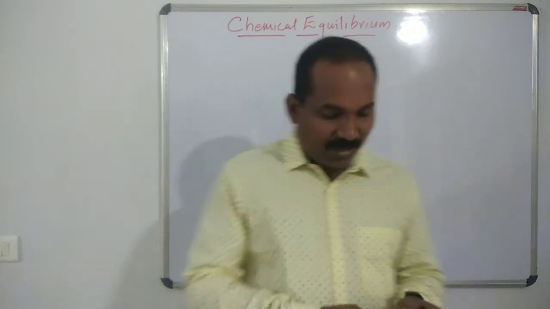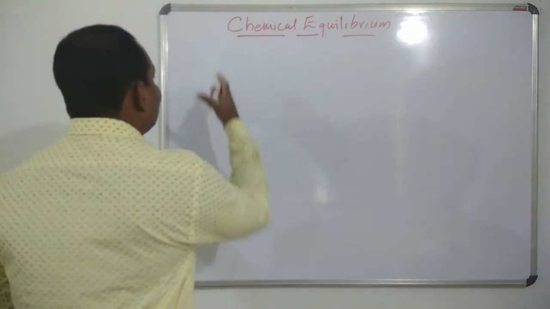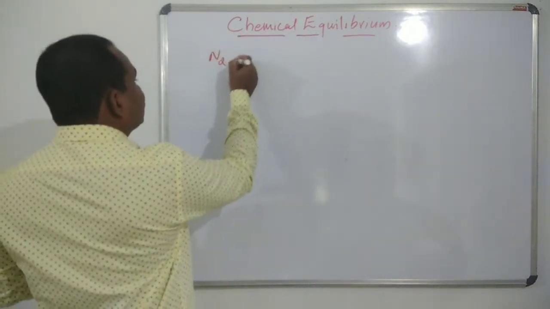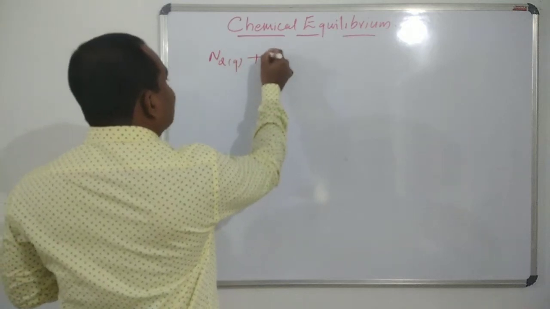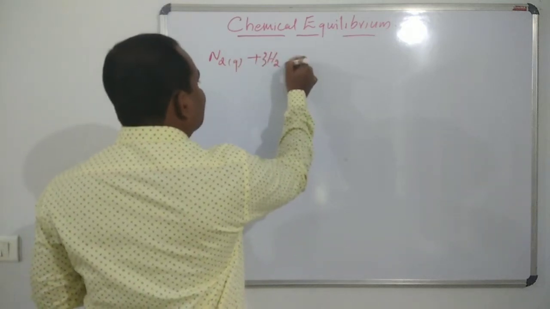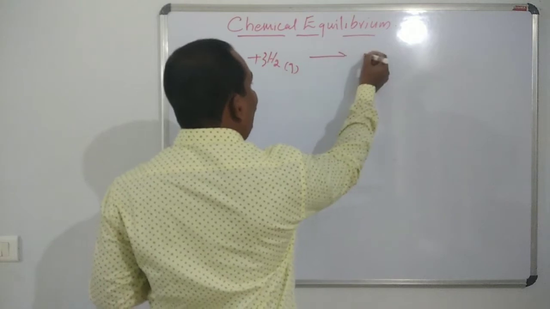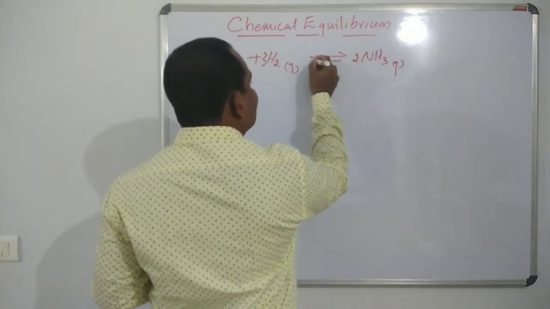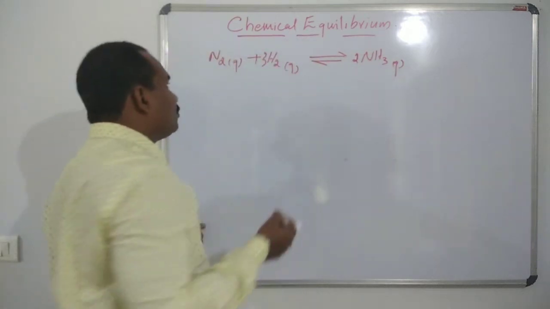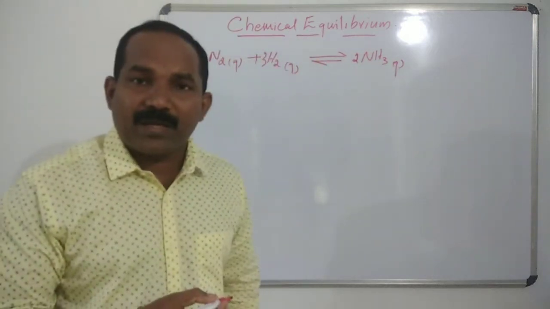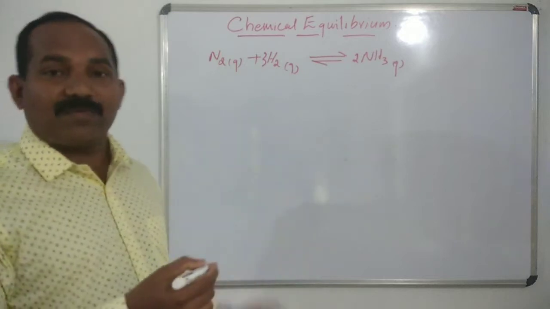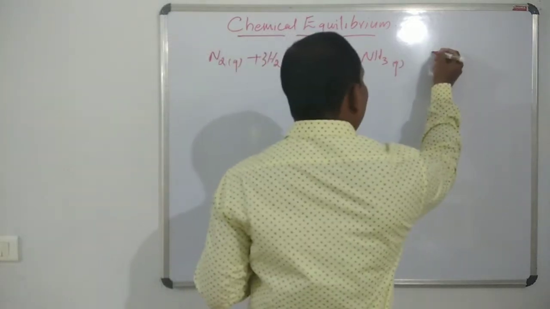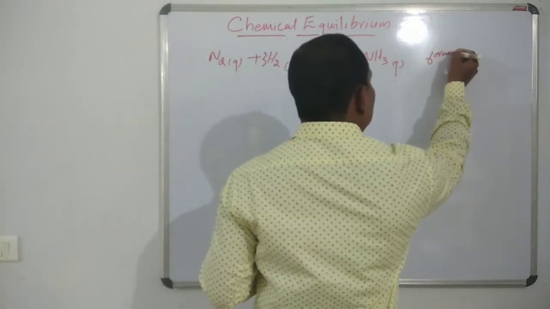That means, once we have seen a reaction, N2 gas plus 3H2 gas forms ammonia, NH3 gas, and that ammonia decomposes to give N2 and H2. This is one of the equilibria. It is in the forward direction.